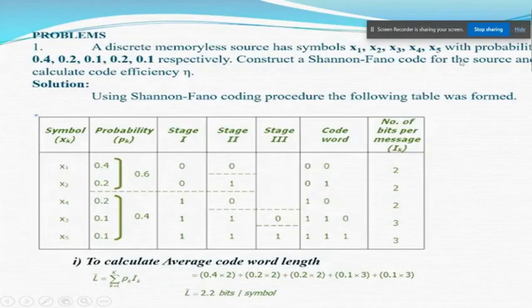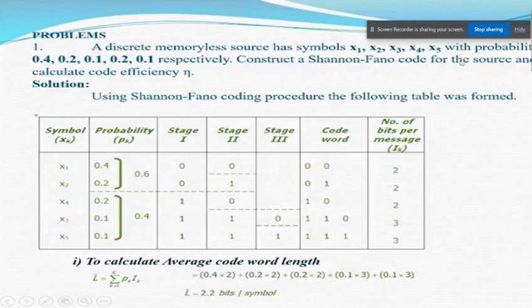Now we can take a problem. A discrete memoryless source has symbols x1, x2, x3, x4 and x5 with probabilities of 0.4, 0.2, 0.1, 0.2 and 0.1 respectively. We have to construct a Shannon-Fano code for the source and calculate the code efficiency, eta. Using the Shannon-Fano procedure, we can form a table, which we can see on the screen.